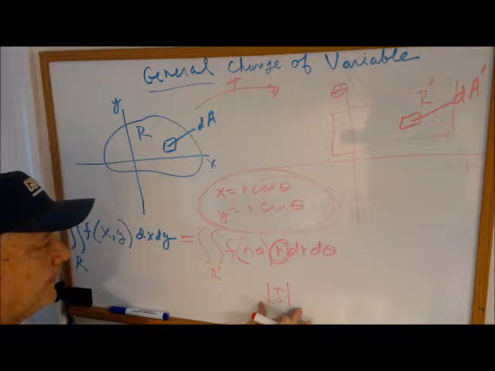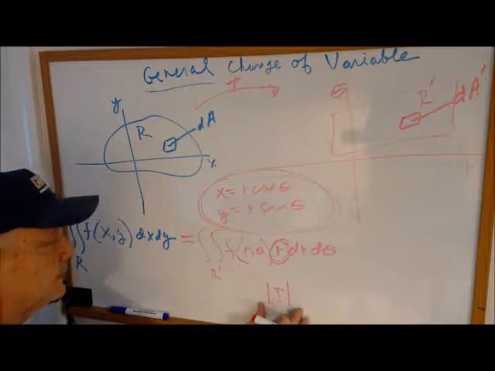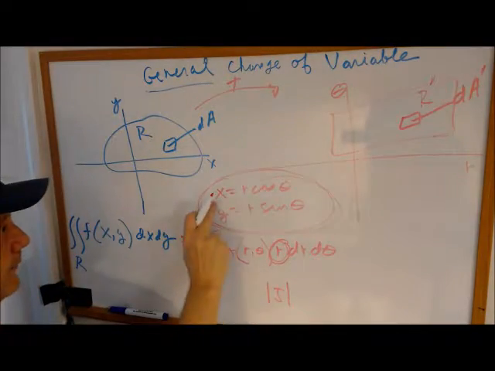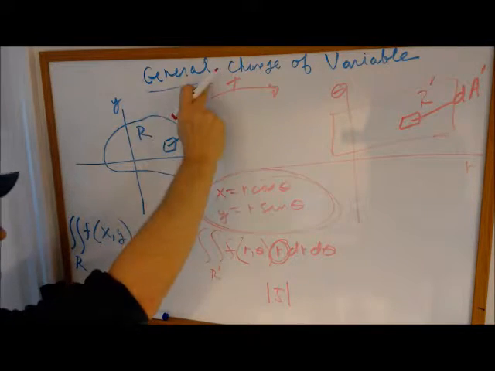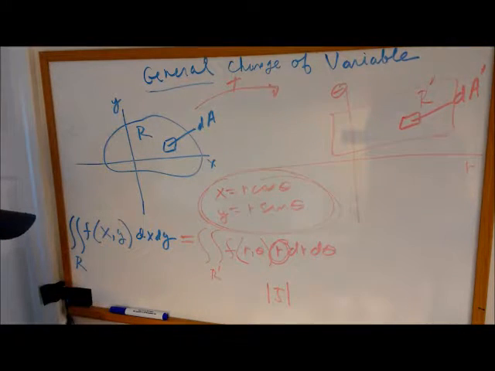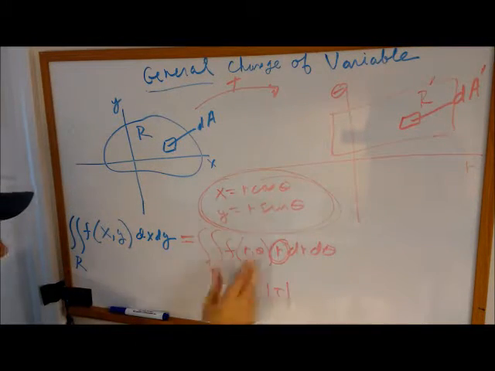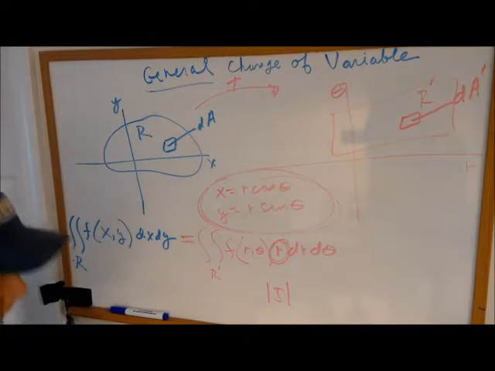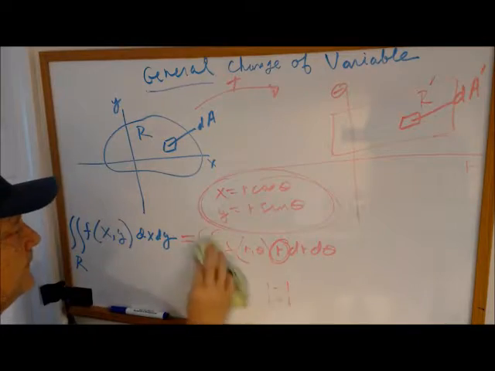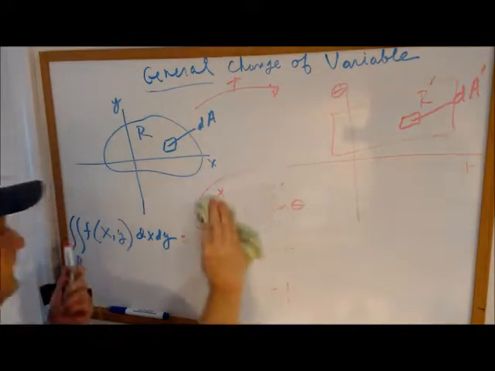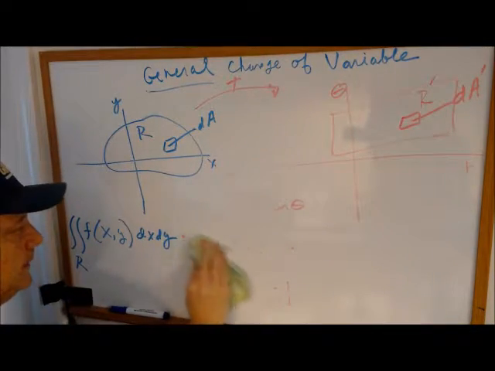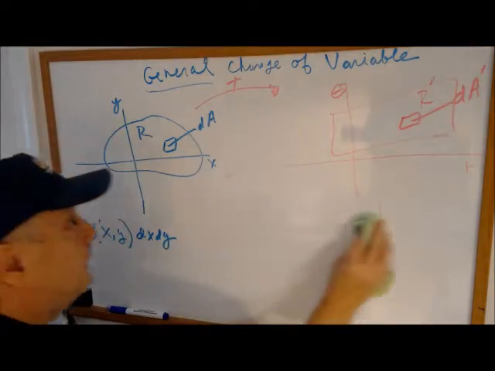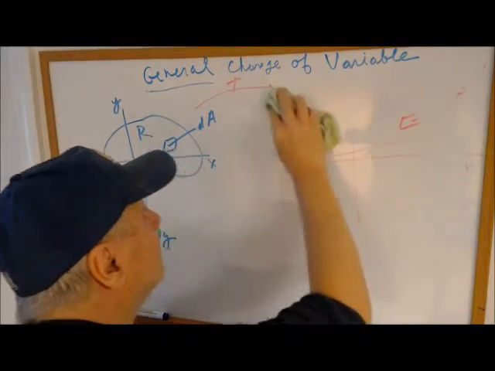Alright? So what we're going to do next is the same problem, but not polar coordinates. We're going to do it in general. And we're going to figure out what that Jacobian is. And the idea is, when you have a difficult problem, changing to polar or cylindrical or spherical just may not work at all.